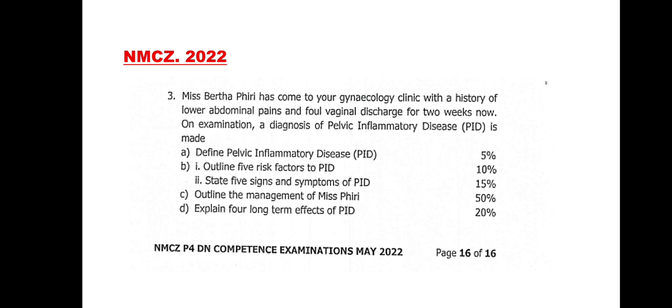So we have the serous, we have the catarrhal, we have the purulent. So now in pelvic inflammation, it causes mucopurulent discharge from the cervix as well as the vagina.